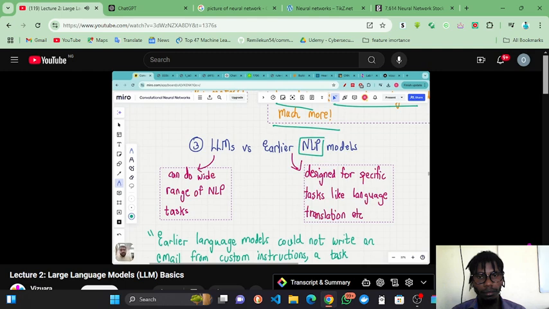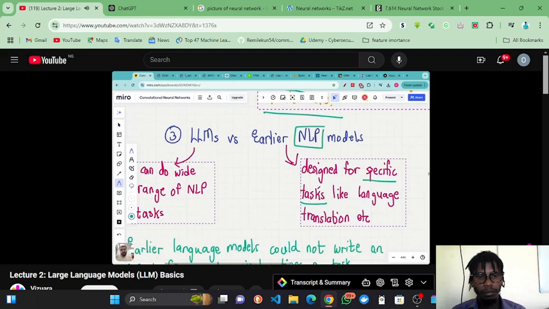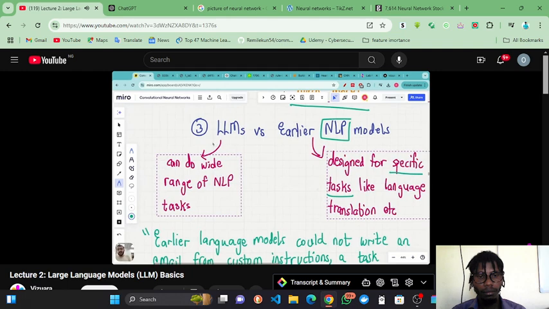But if you look at the NLP models which came before LLMs, they were designed for very specific tasks. For example, one particular NLP model might be designed for language translation, and another for sentiment analysis. LLMs, on the other hand, can do a wide range of NLP tasks.